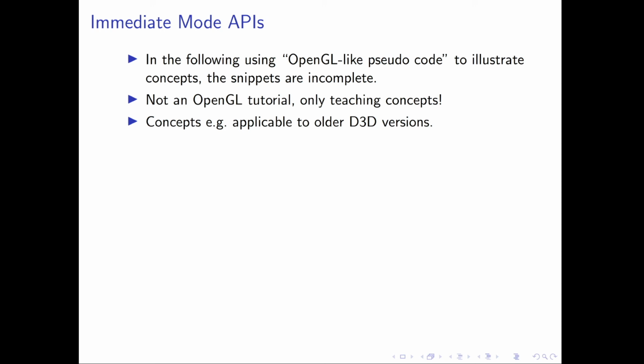So currently it's mostly about understanding those immediate mode APIs, what the implications of those APIs are, and what makes those APIs difficult to implement on modern architectures. And when we have an understanding of that, we will also understand how modern graphics APIs evolved, which make certain things completely different than the traditional immediate mode APIs.